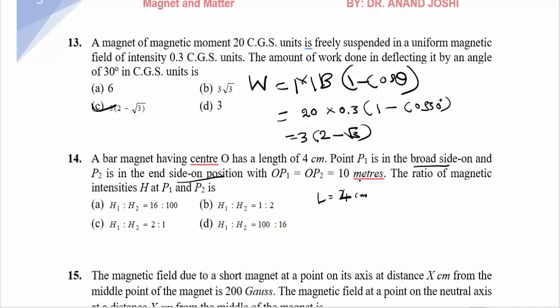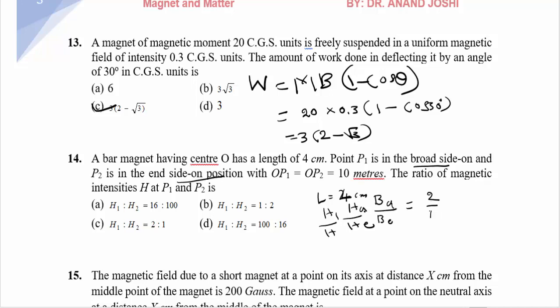We know that if the distances are the same, the magnetic field on the axial line and on the equatorial line are in the ratio 2:1. Axial and equatorial are 2:1, so HA by HE equals 2:1.